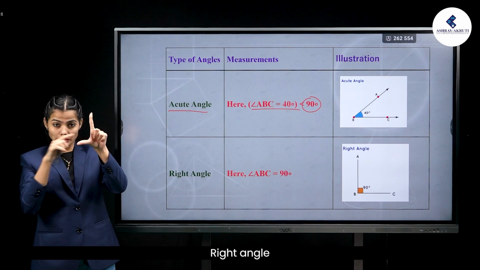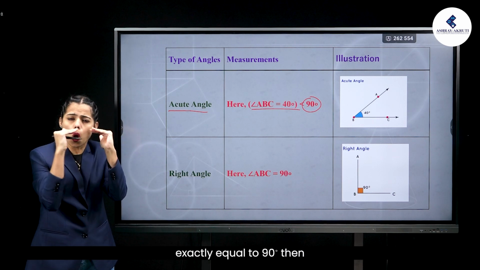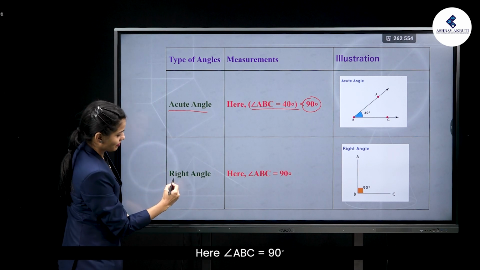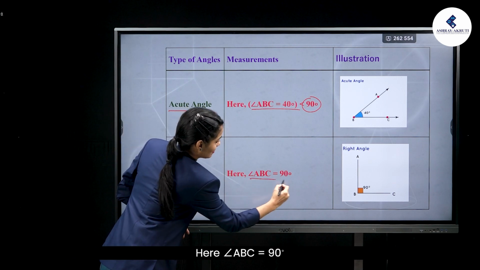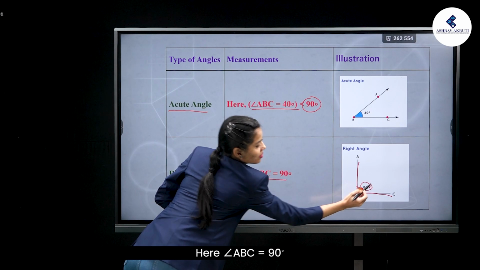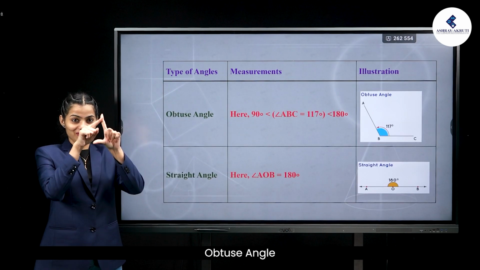Right angle. If the measure of an angle is exactly equal to 90 degree, then it is known as a right angle. Here angle ABC is equal to 90 degree. Obtuse angle.